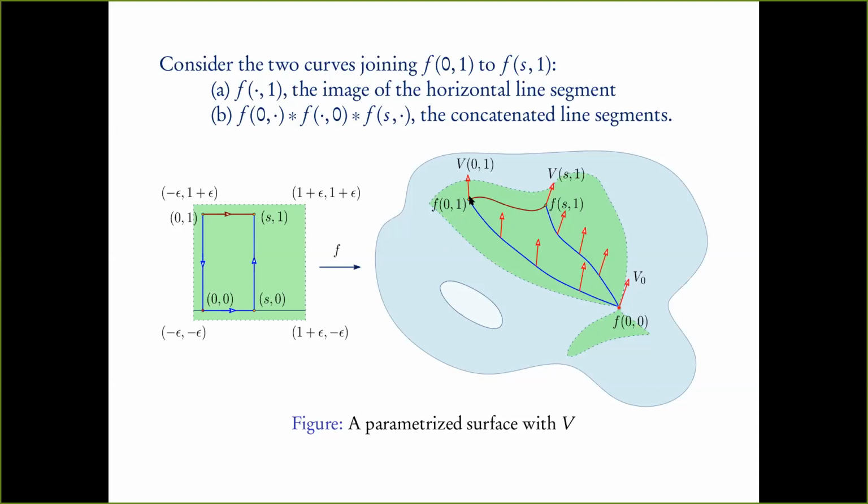But what is this deep red curve? This is the integral curve for the del by del s flow, because these horizontal lines are the integral curves for del by del s. So if I take this vector field along this red curve and covariantly differentiate along del by del s, I'm going to get 0, because V is also a parallel transport along del by del s, because of the invariance of which curve you choose.